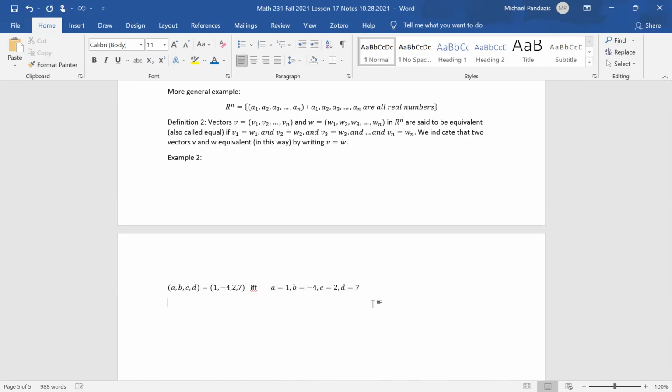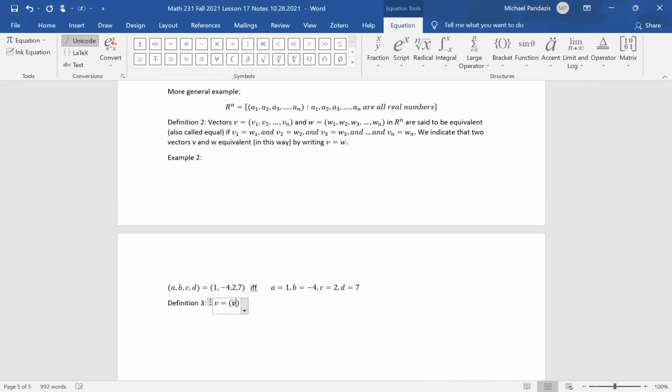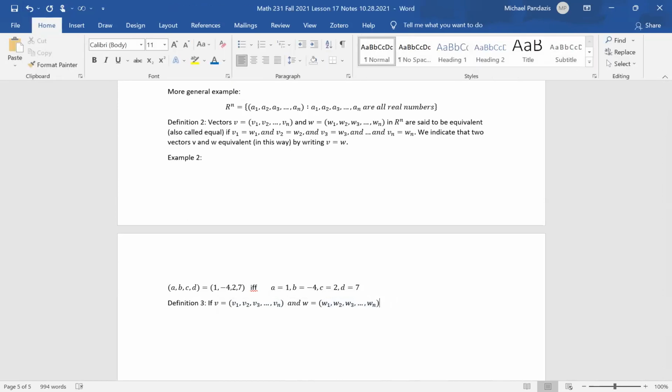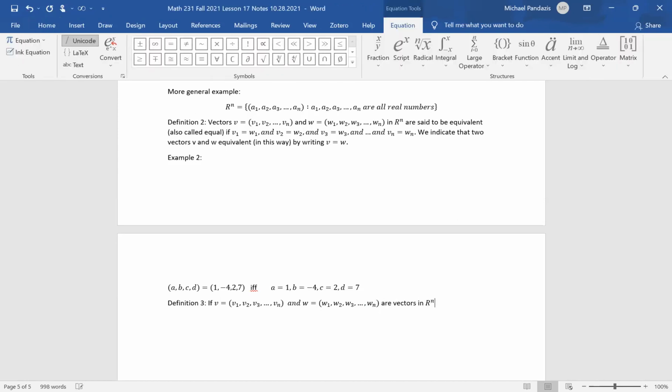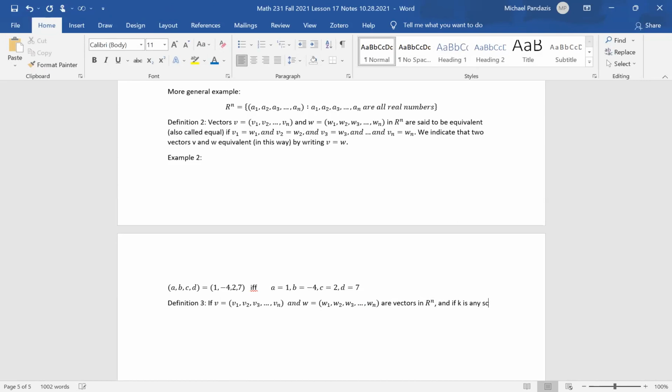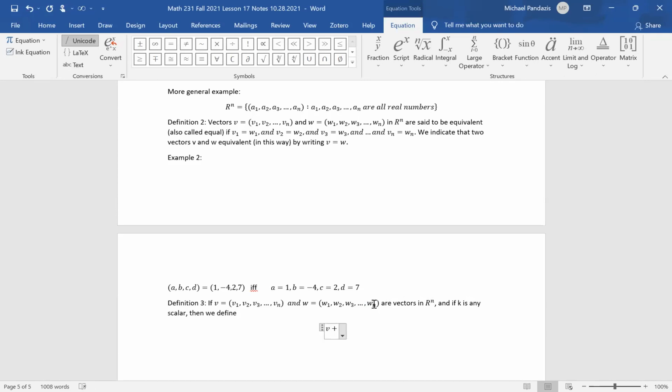Okay. Definition 3. If v, which is equal to the vector (v1, v2, v3, ..., vn), and w, which is equal to the vector (w1, w2, w3, ..., wn), are vectors in R^n, and if k is any scalar, then we define the following. v plus w is equal to taking the sums of their corresponding components as the components of the new vector.